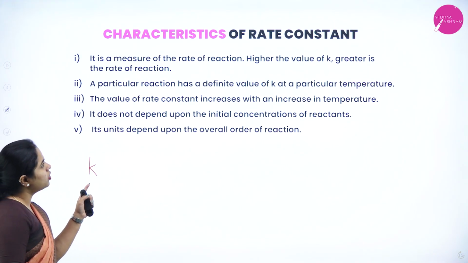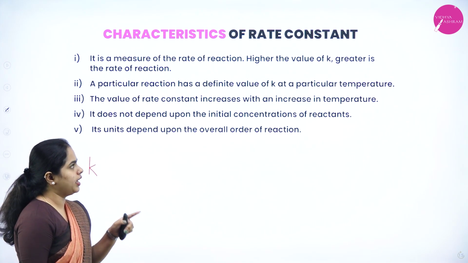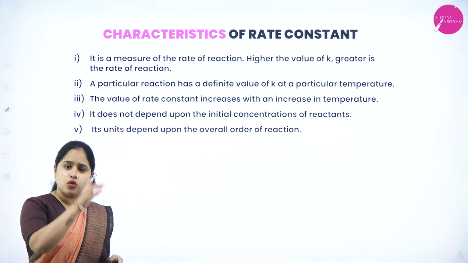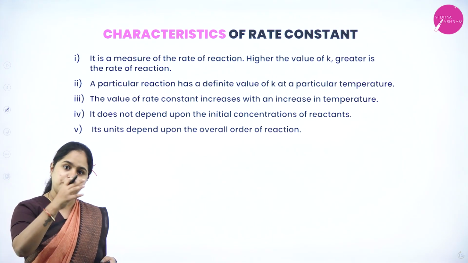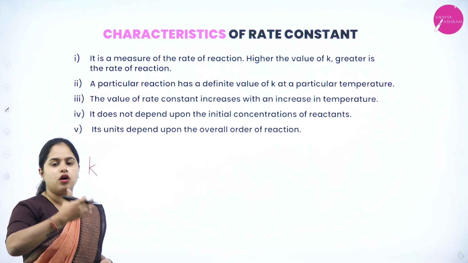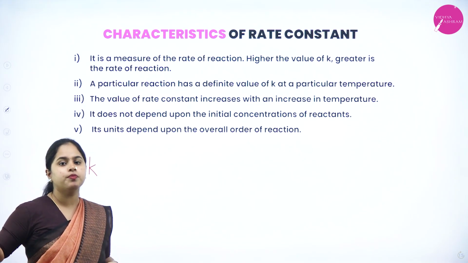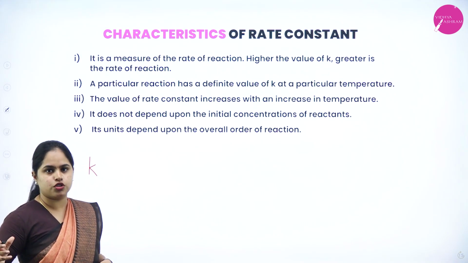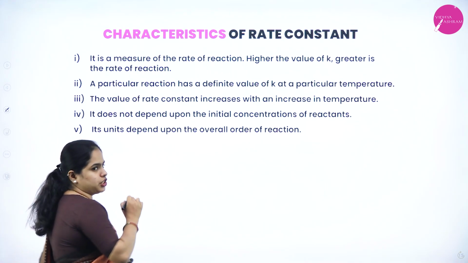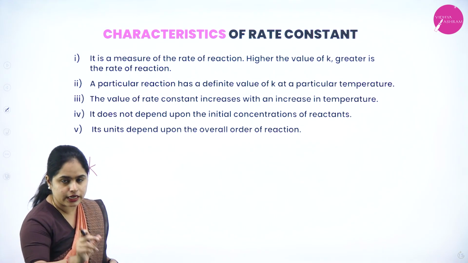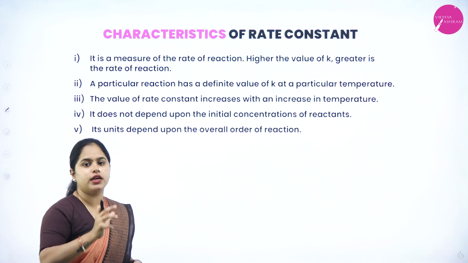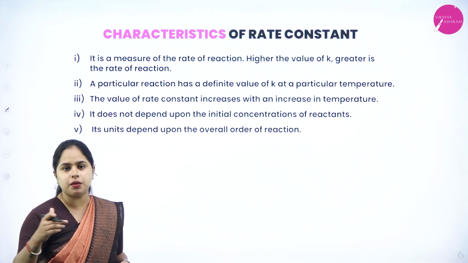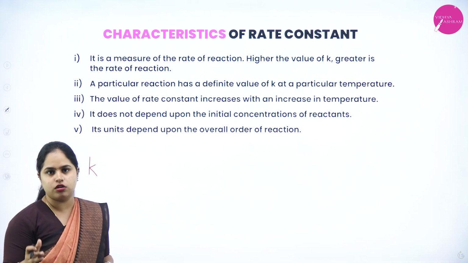A particular reaction has a definite value of k at a particular temperature. Each reaction will have a different k value. The rate constant will differ for each reaction and it depends on temperature also. When you change the temperature, the rate constant also changes.